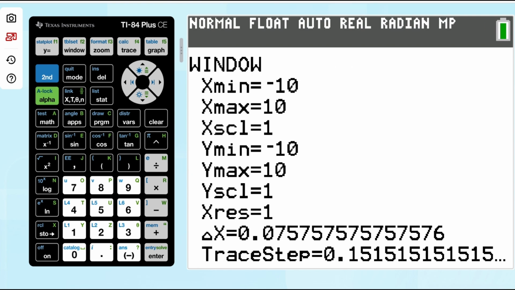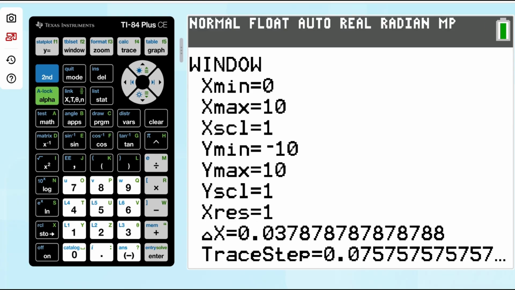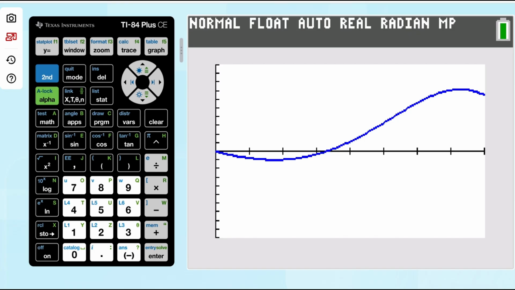So I'm going to hit window and pick an x min of 0 and an x max of 8, so that all I'm looking at is the part from 0 to 8. And if we're not quite sure what's going on over there on the far left, it should be pretty clear that at t equals 0, both r and d equal 0. So that intercept is just right there at the origin at 0, 0. So we really only have one x-intercept to worry about.